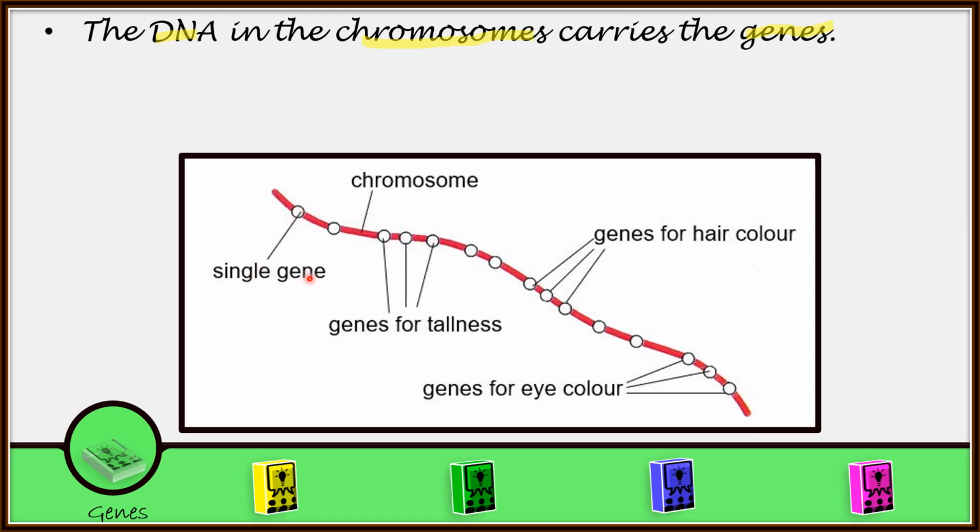For example, here we have a single gene. Here we have genes for tallness. Here we can have genes for color. And here we might be having genes for eye color. This one is for hair color. So these genes are carried on the DNA, and the DNA is found on the chromosome. Those are referred to as genes.